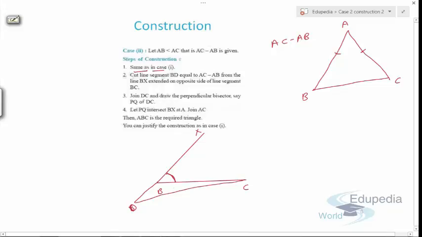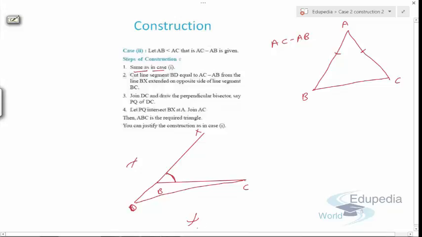Then we need to draw the perpendicular bisector PQ of DC. Again we open the compass more than half. We draw one cut over here, one over here, and from C again we draw one cut over here and one from here.